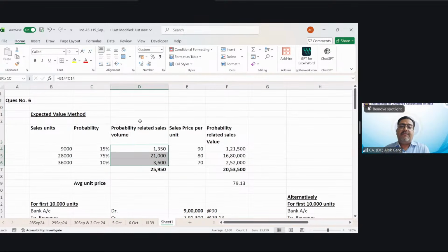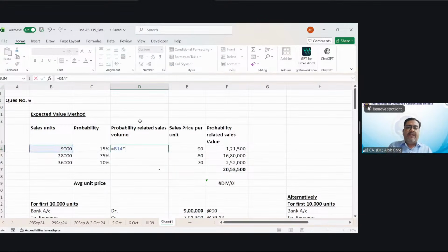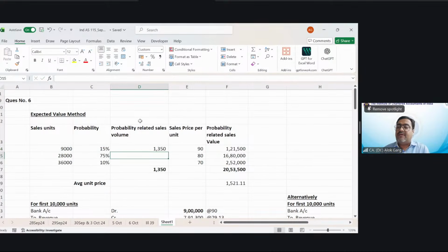If I have to estimate my probability related sales volume, with the total probability of 100%, there is a 15% chance that I will be able to sell 9,000 units, a 75% chance I will be able to sell 28,000 units, and a 10% chance I will be able to sell 36,000 units. Means the total probability related sales volume is sales units multiplied by respective probabilities, which is 25,950.